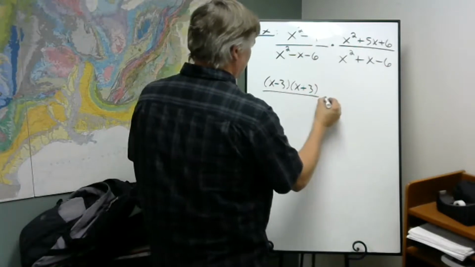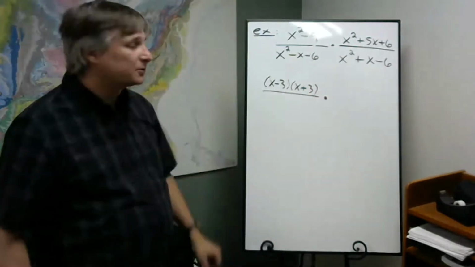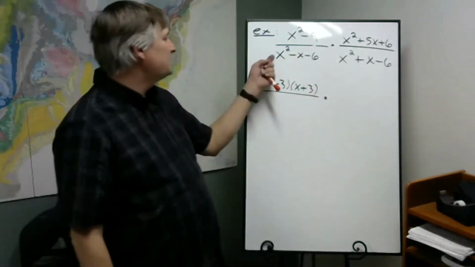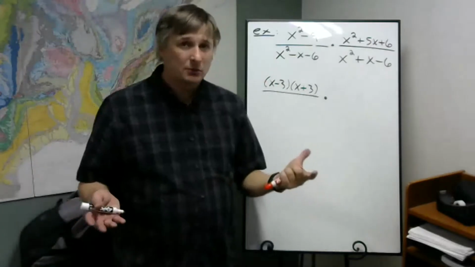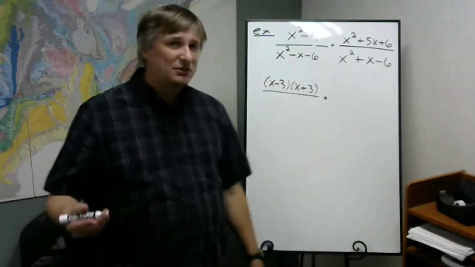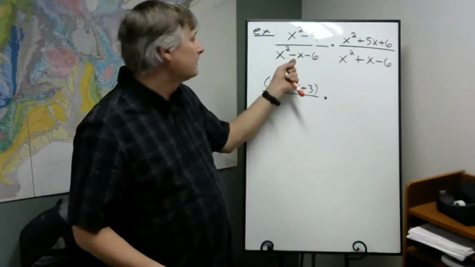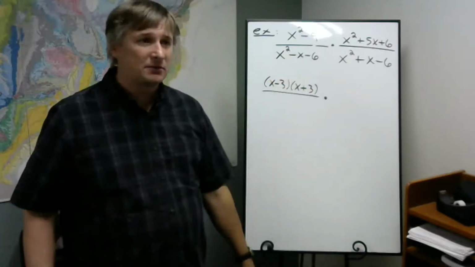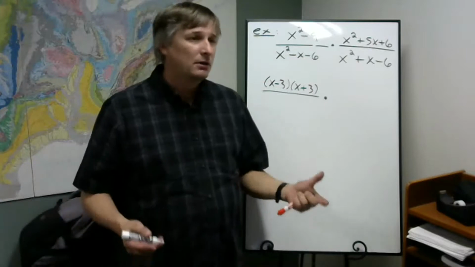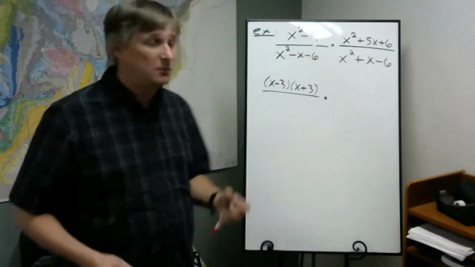I'm going to work with this first rational function. Now, you have that invisible 1 in front of the x squared term. This is a guess and check method. And you're looking for two numbers that add up to -1, but multiply to -6. And two numbers that will do that are -3 and 2.